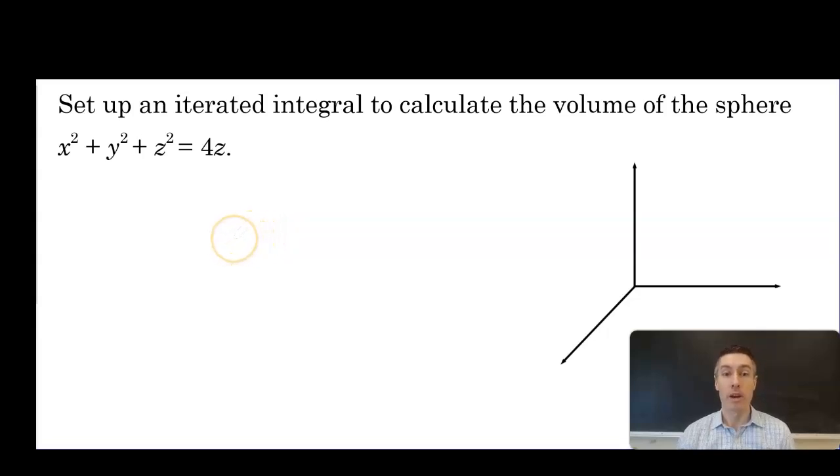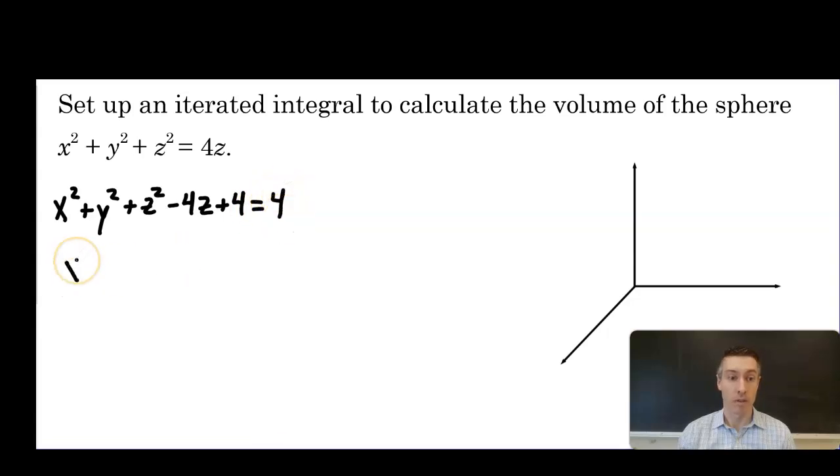So set up an iterated integral to calculate the volume of the sphere x squared plus y squared plus z squared equals 4z. So first let's get a sense of where this sphere is with completing the square. So x squared plus y squared plus z squared minus 4z plus 4 equals 4. So x squared plus y squared plus z minus 2 squared equals 4.